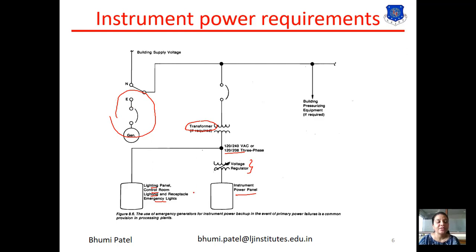The use of an emergency generator for instrument power backup in the event of primary power failure is a common provision in processing plants. If the input voltage fails and the power panel is connected to the generator, we can continue the supply for up to 24 hours. So it is the provision for power failure.